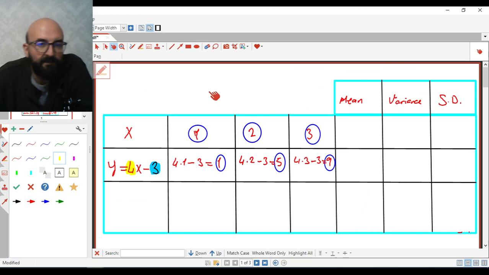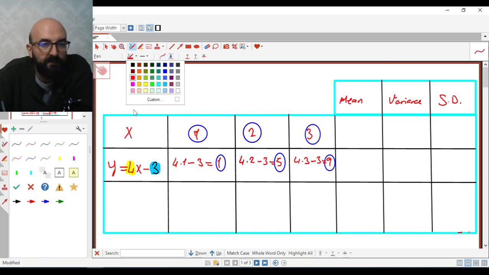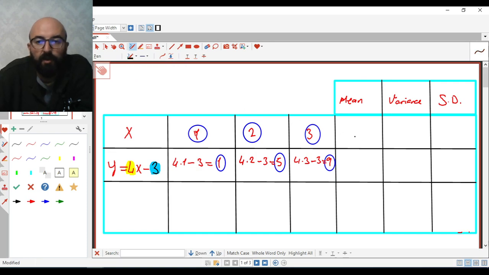I want to fill up the table. Our mean of x is 2, and the mean of y is 5, and the variance of x is 2 over 3, as I figured out following the calculations, and the standard deviation is the square root of 2 over 3.